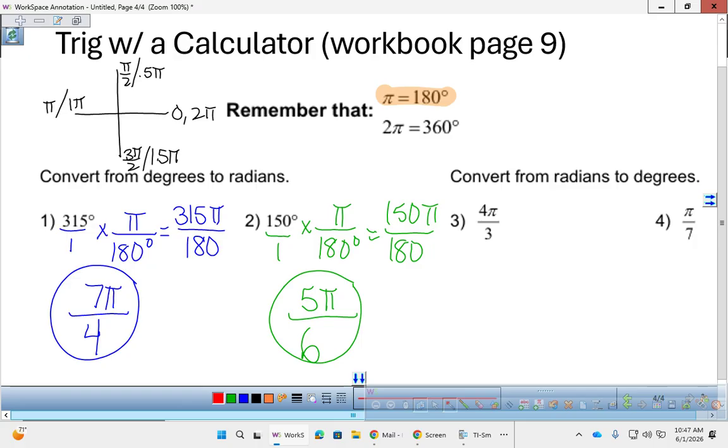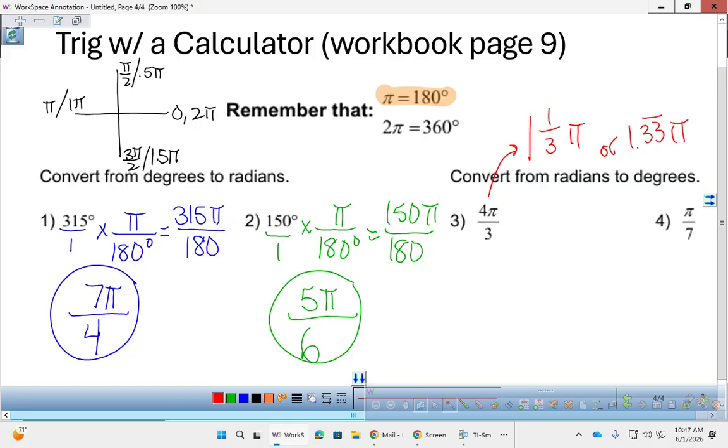So before we even start with the next one, 4 pi over 3 is an improper fraction. So think about this as 1 1/3 pi. Does that make sense? Or 1.33 repeating pi.